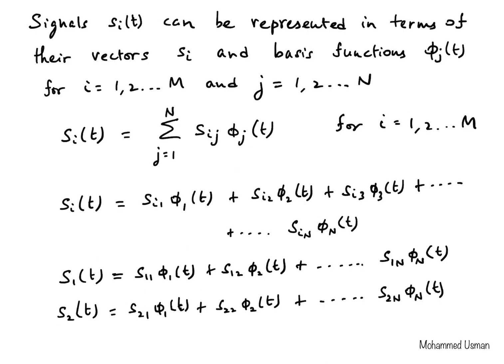The elements of the vector representation are defined as follows: we have each signal Si of t denoted as a vector Si, which is equal to Si1, Si2 up to Sin.